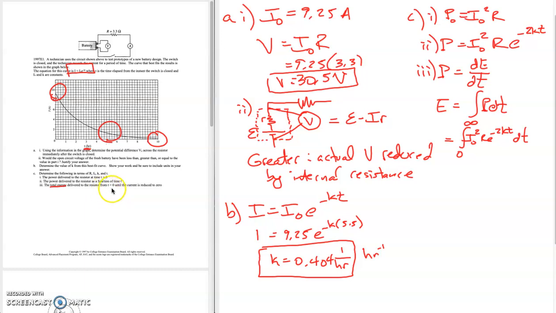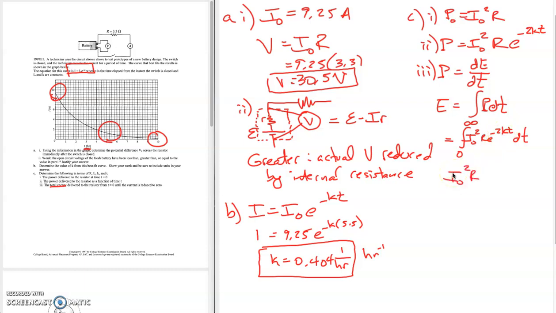Yes, from t equal to 0, until the current is reduced to 0. Well, that's an infinite amount of time later, technically speaking. So when we integrate this, remember the exponential stays the same, but we divide by what's in the exponent, so minus 2k is what we divide by.